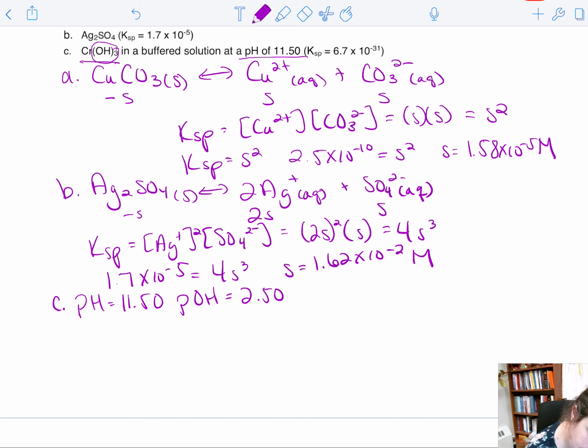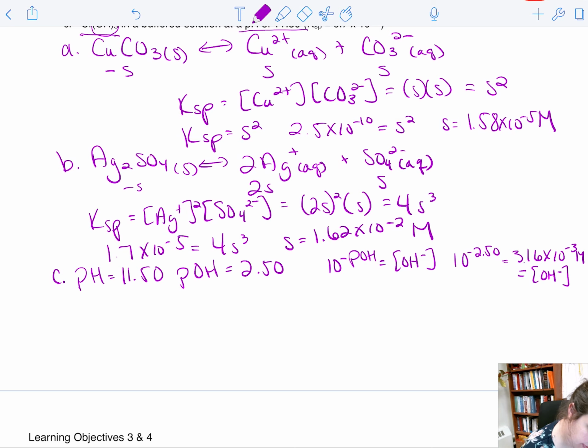We can then say 10 to the negative pOH is equal to OH minus. So 10 to the negative 2.50 is equal to 3.16 times 10 to the negative 3 molar. So that is equal to our hydroxide concentration.